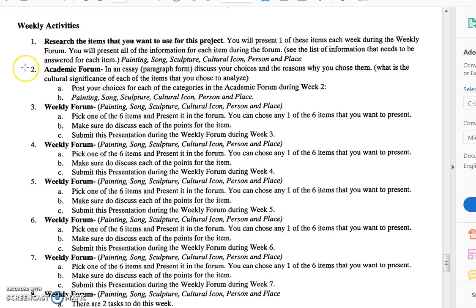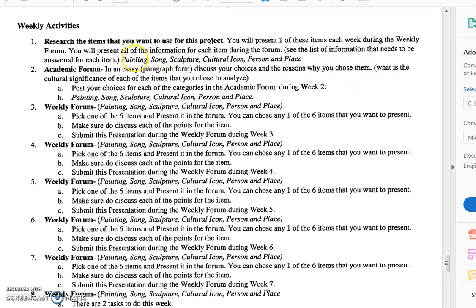In our academic forum, which is already open, you're going to write a short essay or paragraph discussing your choices and the reasons why you chose them.